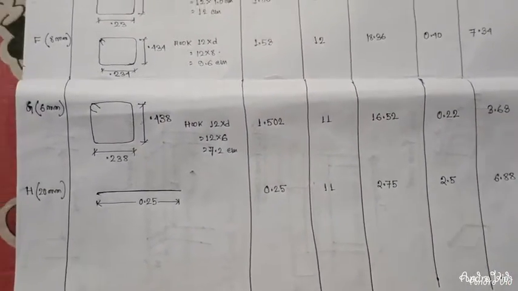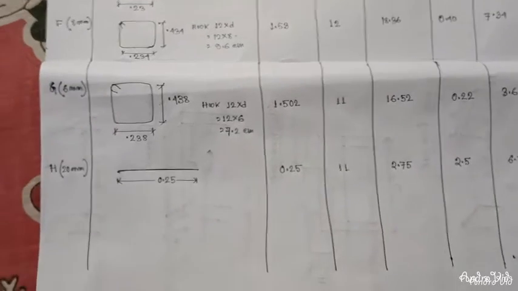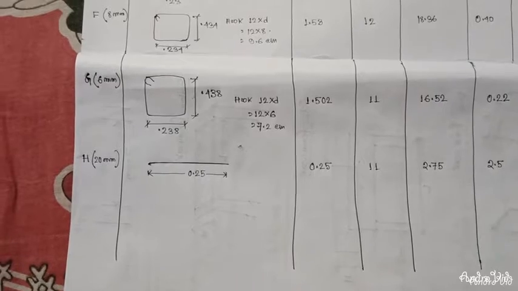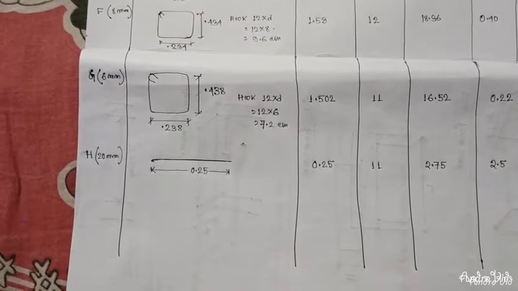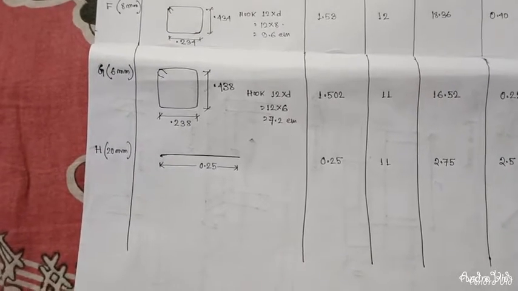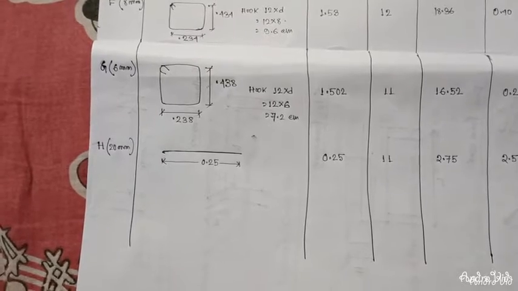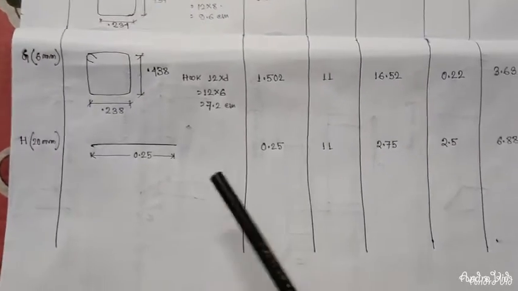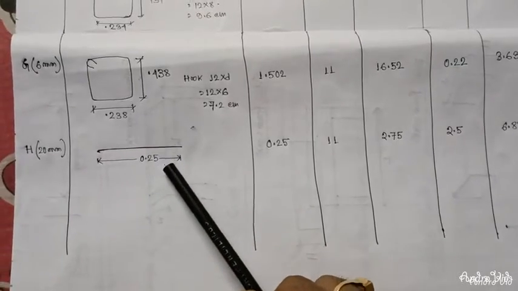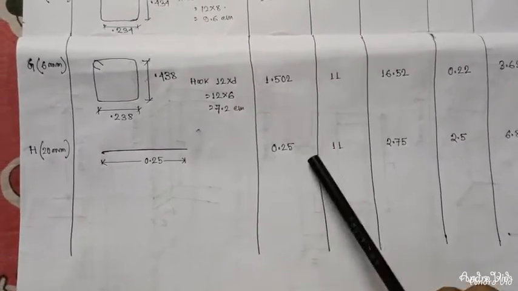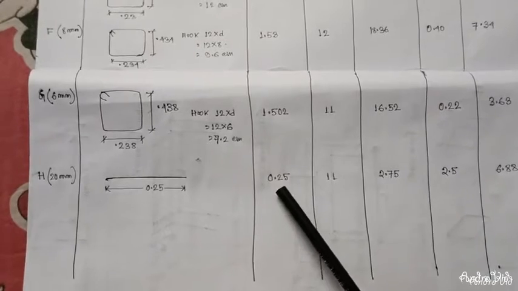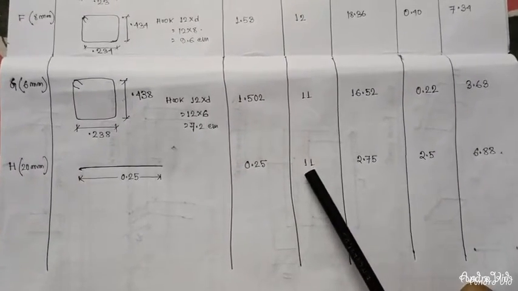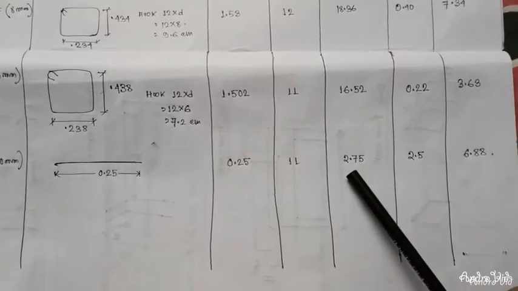3.63 kg. And the last bar is type H 20 millimeter diameter spacer bar. It is provided to maintain the distance between two bars. We have discussed everything about this type of bar in our last video. Here the length of this bar is 0.25 meter, and the number given in our problem is 11.